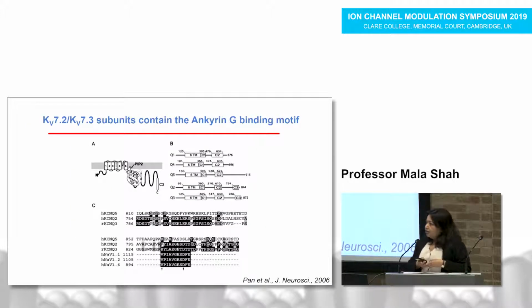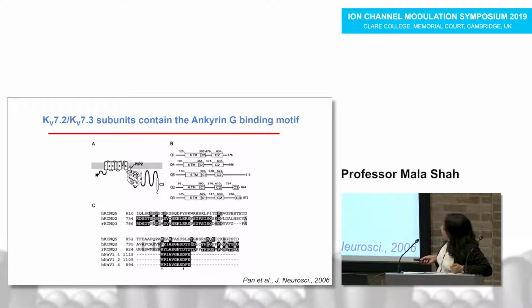And in addition, what they showed, which was interesting, was that KCNQ2 and KCNQ3 in the C-terminus of the alpha subunits had a sequence which was very similar to that of the sodium channels, Nav1.1, 1.2, and 1.6, which was important for binding to ankyrin G. And they showed that if you mutated this, you could disrupt the trafficking of these subunits to the axon initial segments.